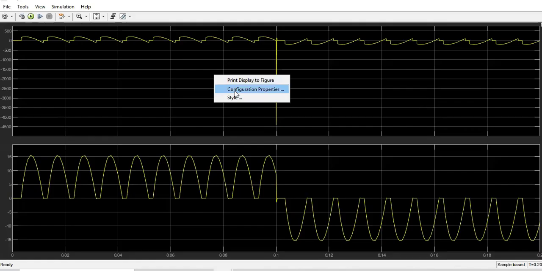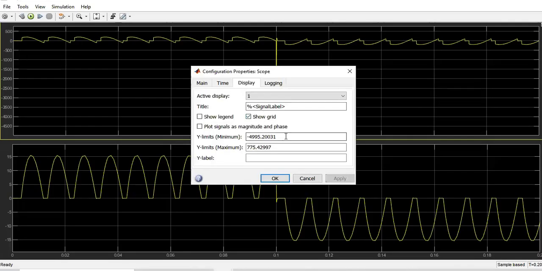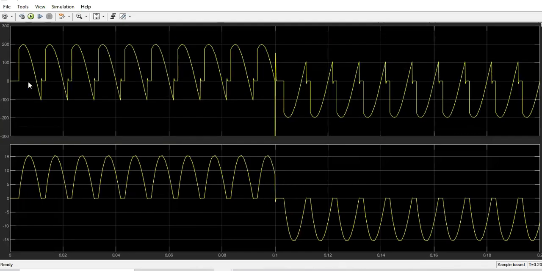So we can change the y-axis minimum and maximum value as minus 300 to plus 300. So we can find that the first waveform is nothing but the load voltage waveform. The second waveform is nothing but the load current waveform.